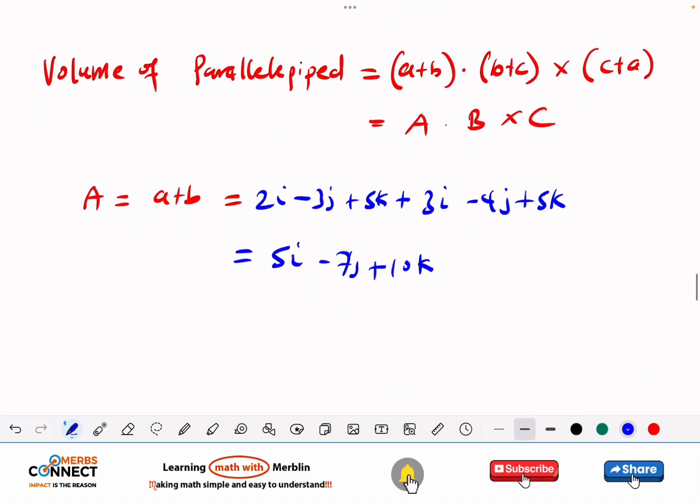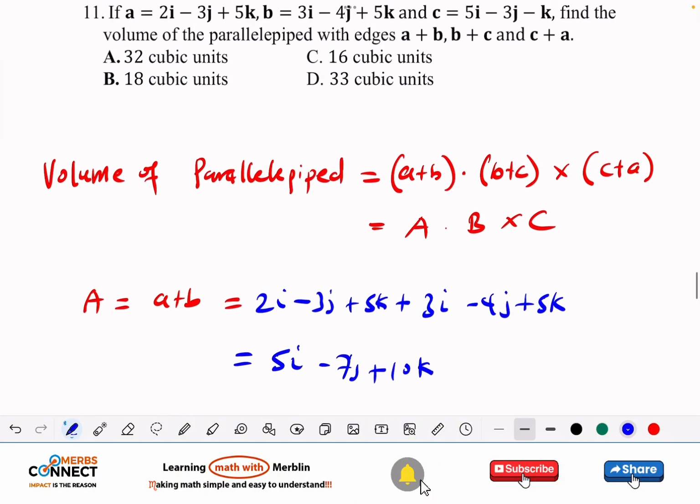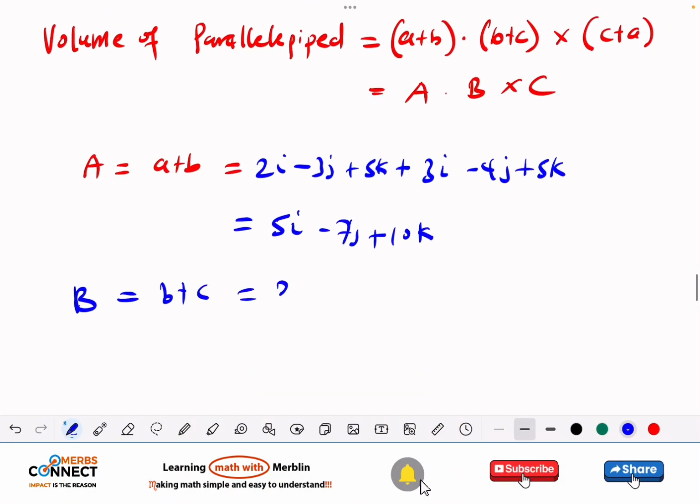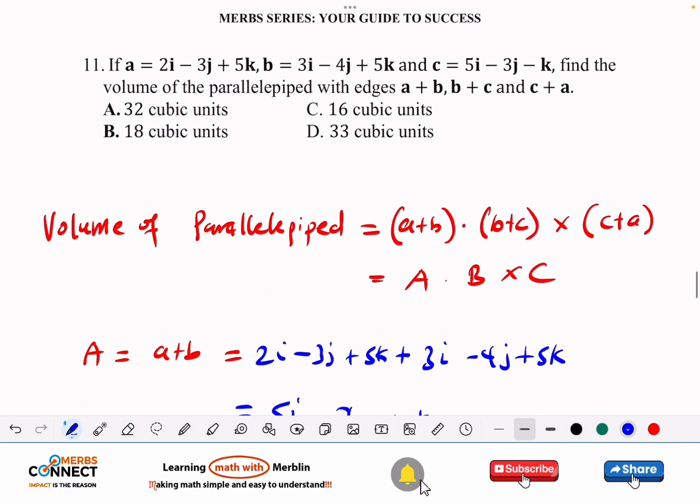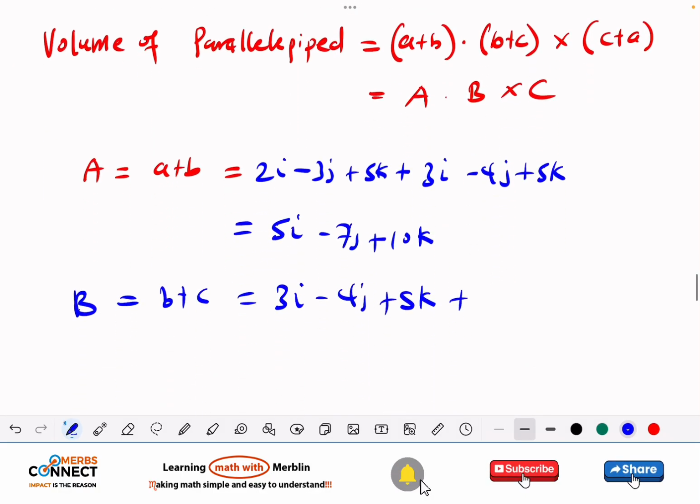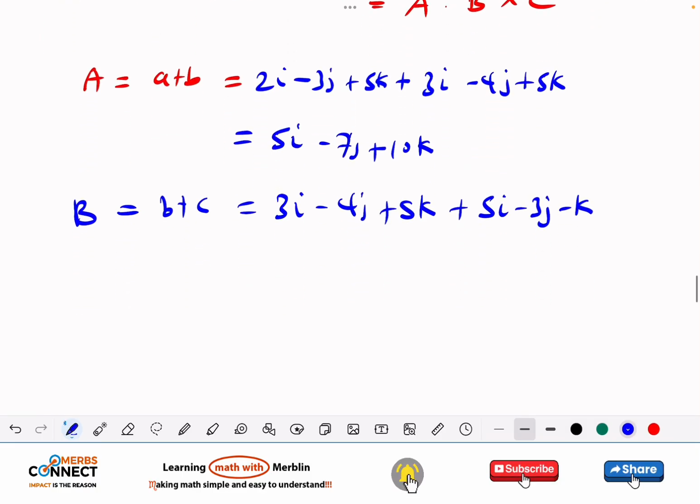So that is big A. Let's look for big B. B plus C. B is 3i minus 4j plus 5k, plus C is 5, minus 3, minus 1. Good. Sum them and we get 8i minus 7j plus 4k. Is that right? Indeed, yes.